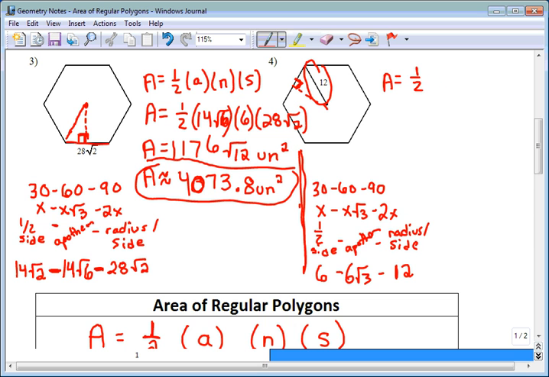Area is equal to 1/2 the apothem times the number of sides times the side length. My apothem here is 6 radical 3. I once again have a hexagon, so 6 sides. And each side length is 12 units long.